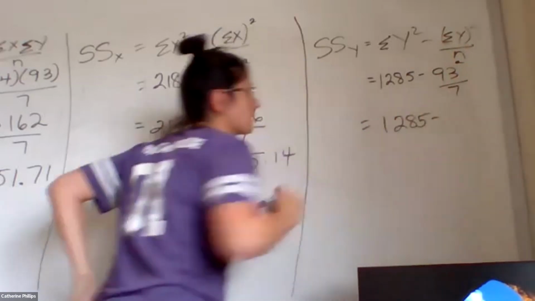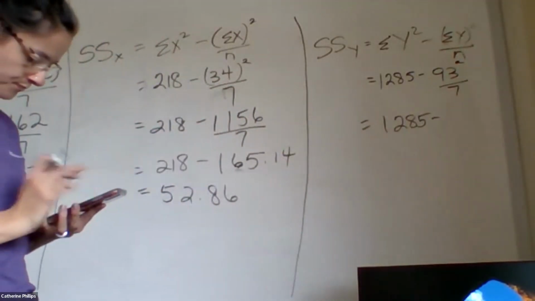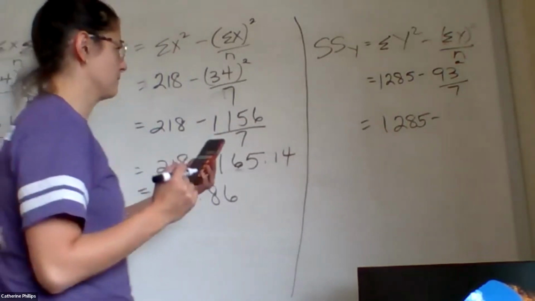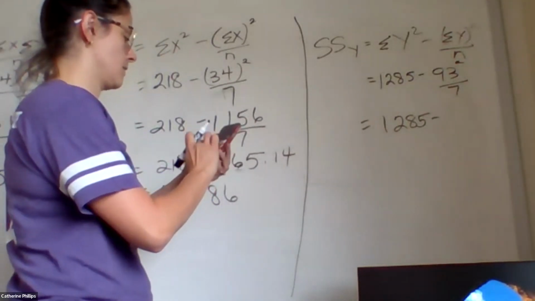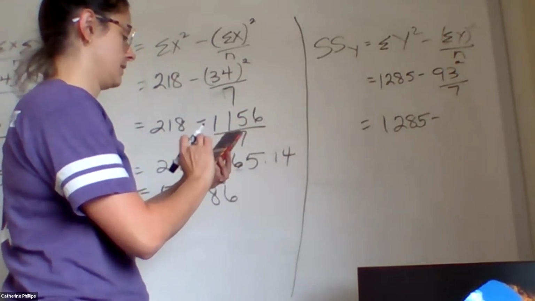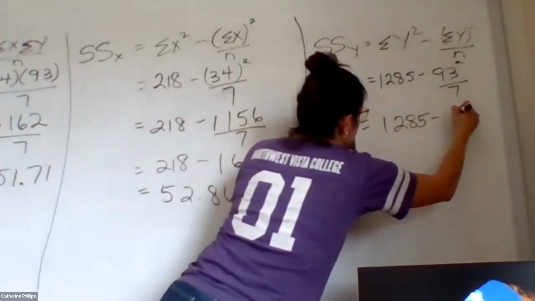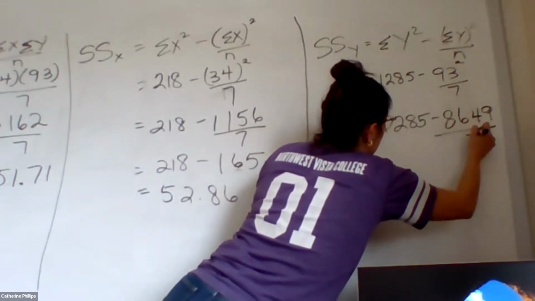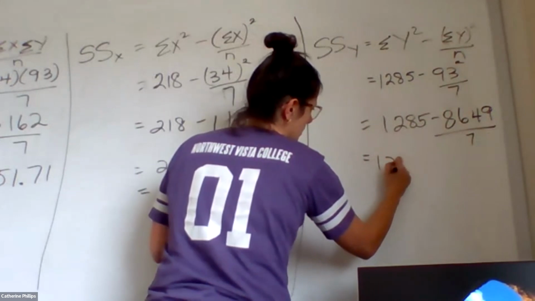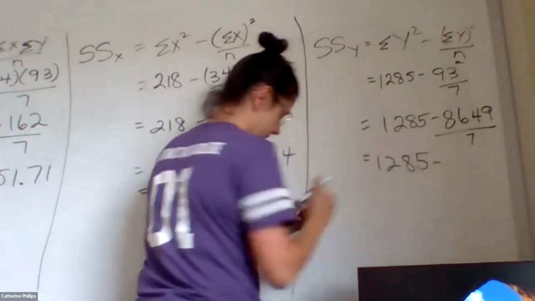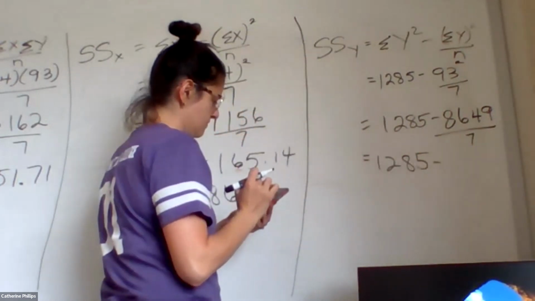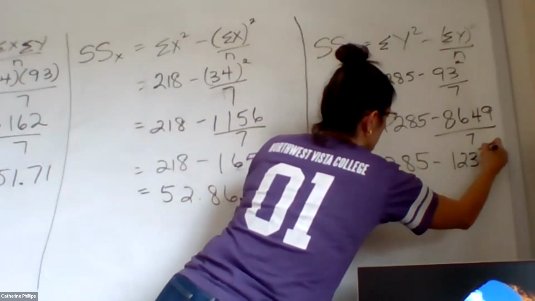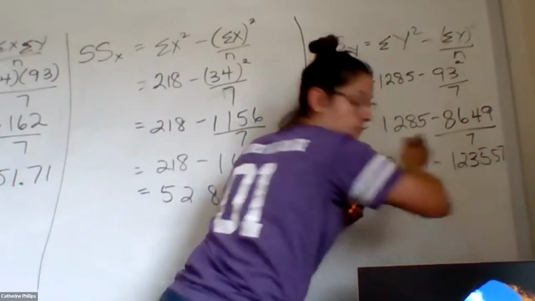1,285 subtract 93 squared is, check that, something massive. It's 8,649 divided by 7 though. 1,235.57.